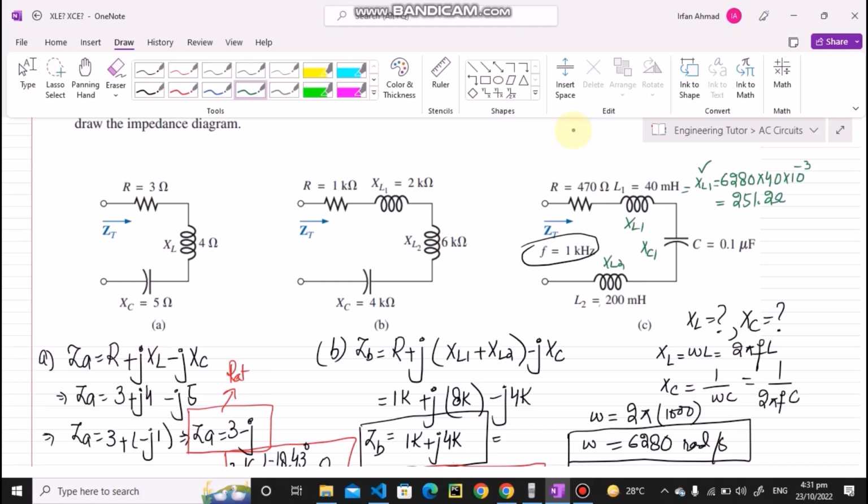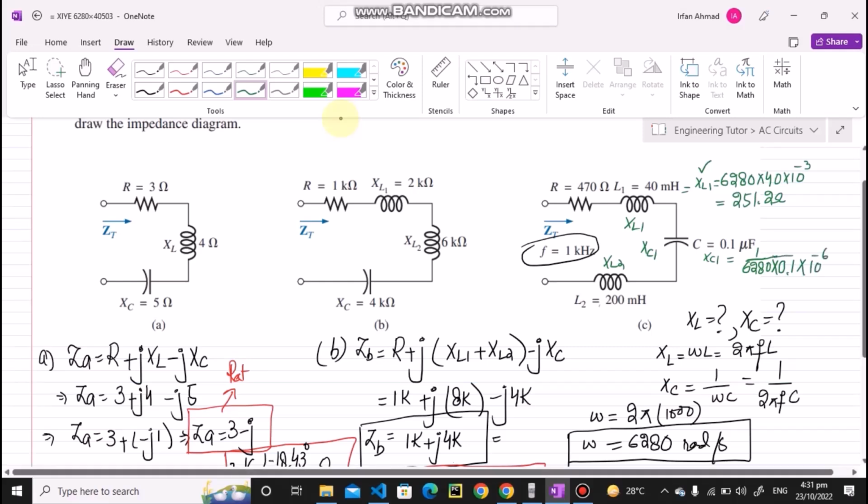Now calculating the value of XC1, I will have omega, 6280, multiplied by the value of the capacitance, which is 0.1 into 10 raised to the power minus 6.